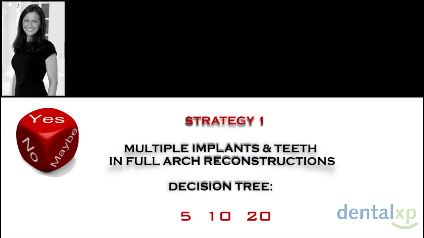How do you decide whether to keep a tooth in the full arch construction or extract it? So we have the rules of 5, 10, and 20. That means if, after the literature and after your experience, the prognosis of the tooth is 20 years, you leave the tooth and you include it in the construction, not splint it, but you include it in the new construction of the patient.